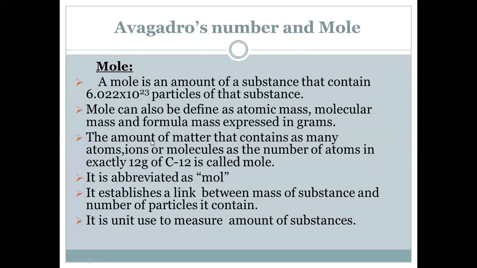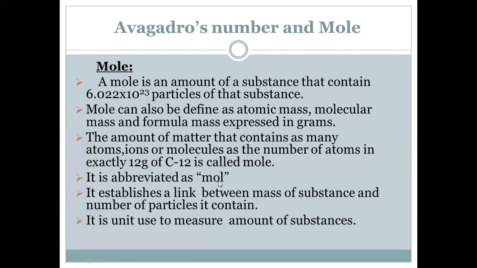The third definition is the amount of matter that contains as many atoms, ions, or molecules as the number of atoms present in 12 grams of carbon, which is the atomic mass of carbon. It is also called mole.